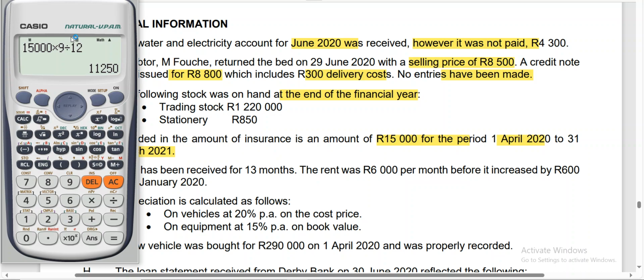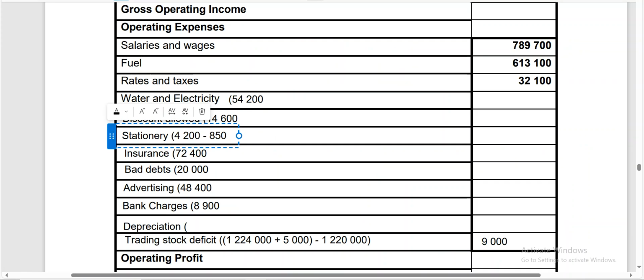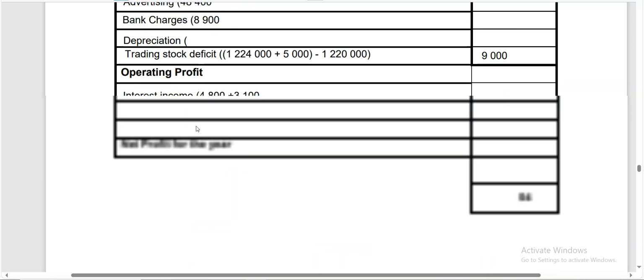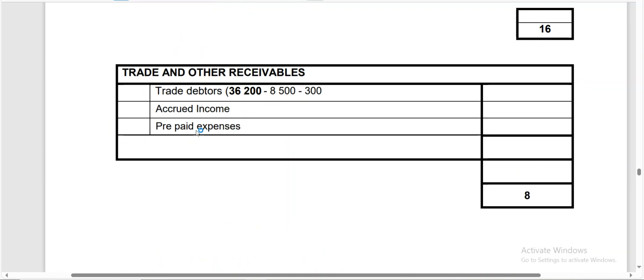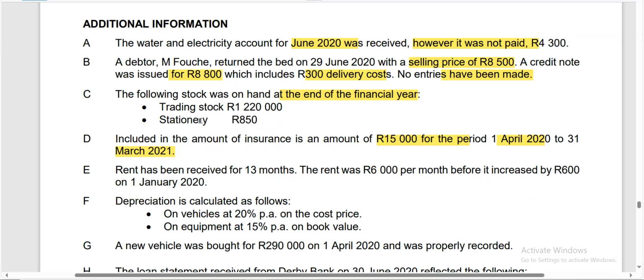So it's 11,250. Remember, this is a prepaid expense because we are dealing with insurance. So under that insurance, we are going to minus that 11,250, and then we'll also have to add this to our notes under prepaid expense, which is 11,250. A transaction like this, guys, is a common note. Okay, so we are done with this.